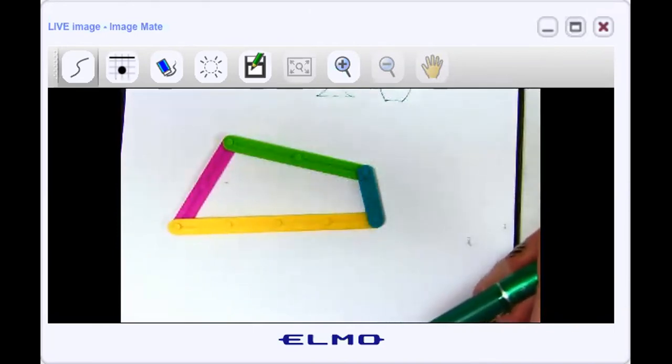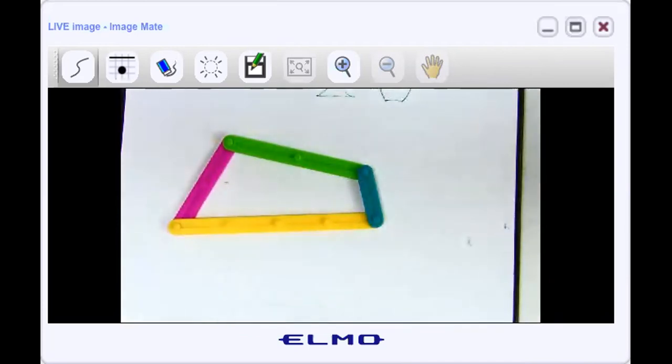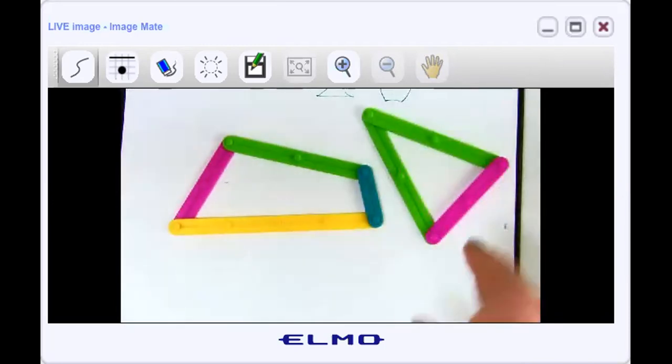So if you recall, in a triangle the angles always added up to 180. Remember that? If I took any triangle, didn't matter what it looked like, if I add up those three angles, it's always going to get me to 180. Always, always, always. So now I have a four-sided figure.